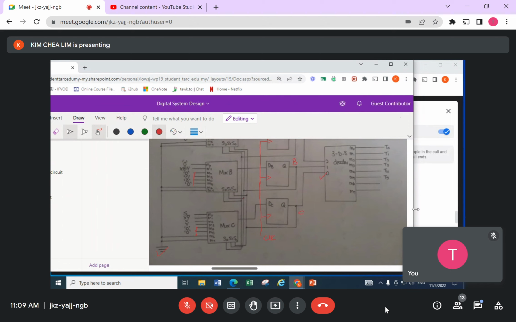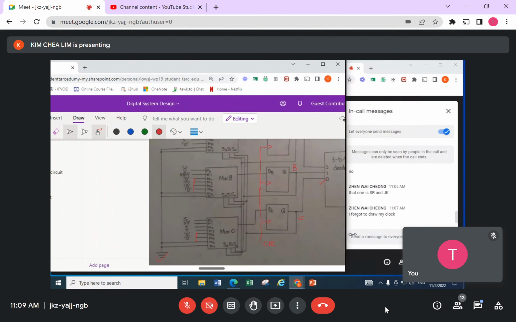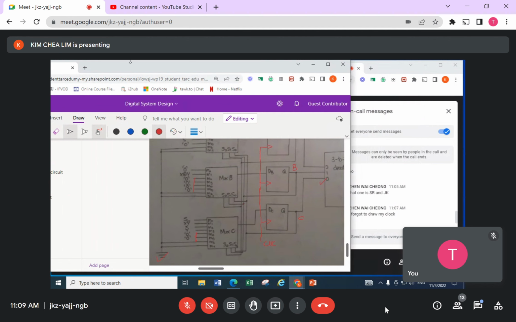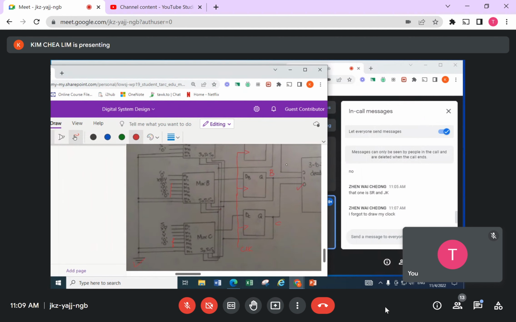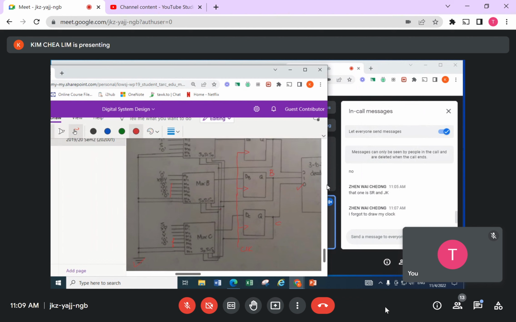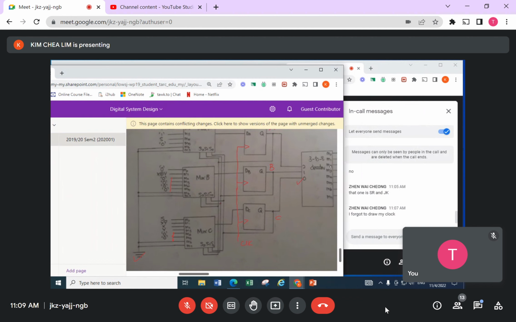This paper done. Don't forget about the clock. So finish design, the circuit cannot run. Always check your clock, whether connected properly or not. Anyone with any questions? For those who haven't done revision?